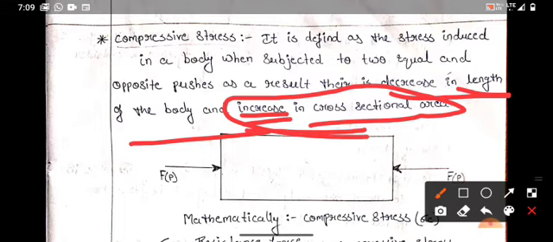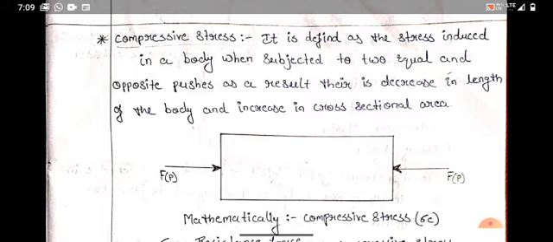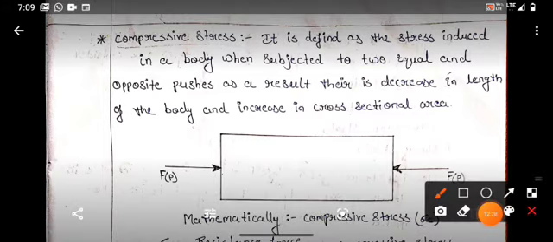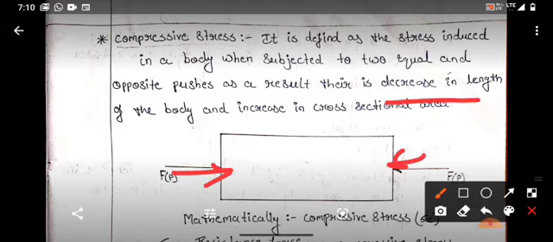But in compressive stress, length will decrease, because here you can see two equal and opposite pushes on both sides. When you push this rectangle on both sides, it will get compressed.